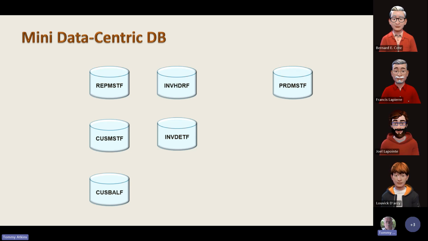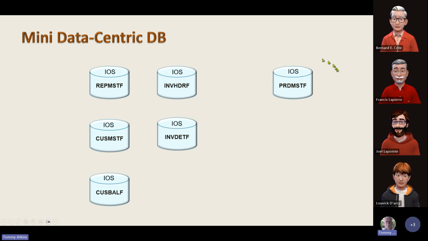Now, how do we start making this data-centric? The first thing I do is I create an I/O server for all of them, because there is my separation between database and application. So all of them get an I/O server.